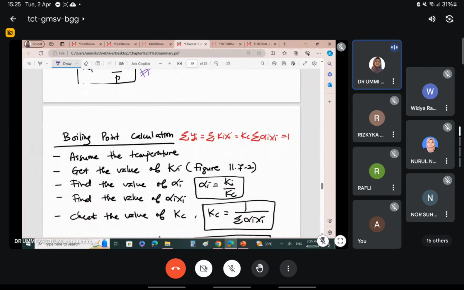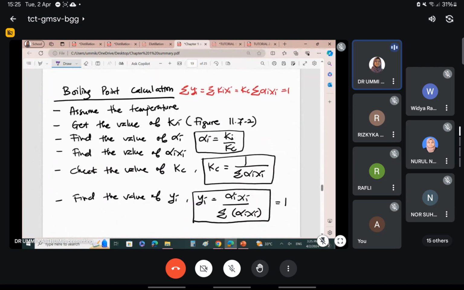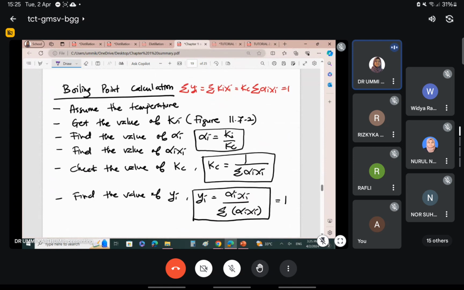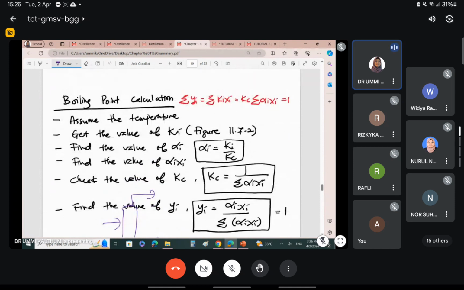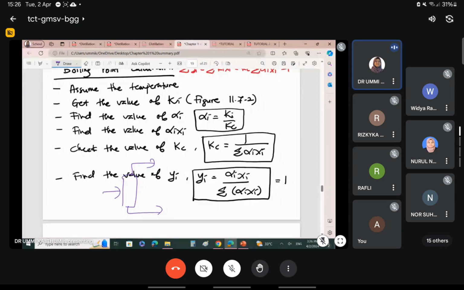So for boiling point calculation, these are the steps for boiling point calculation. How to determine the boiling point temperature, if we have the set of feed entering. Boiling point temperature.